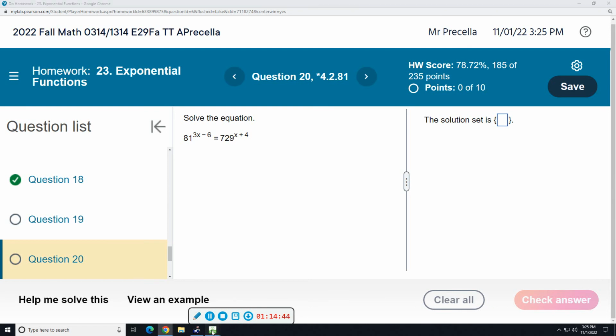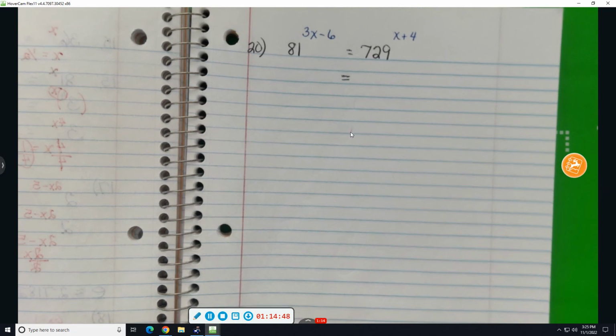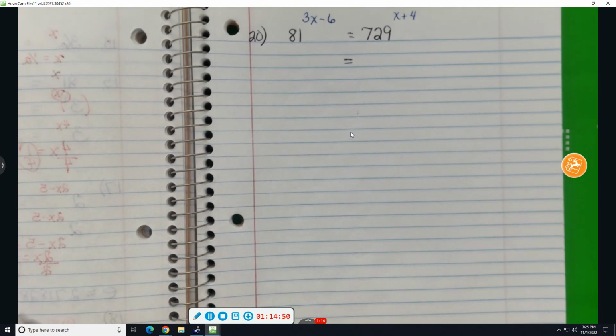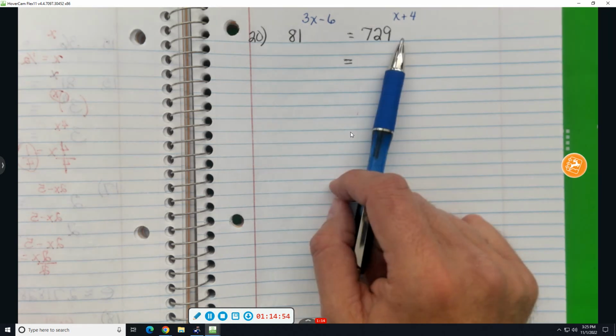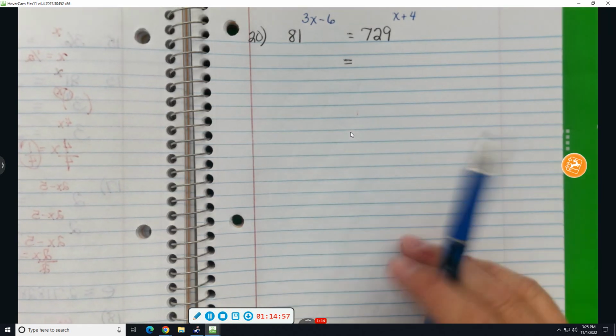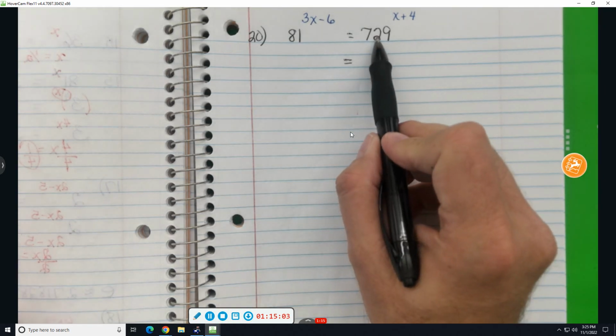Okay. My first thought is, darn, too bad there's not an E in it. Because if there's an E in it, then that's the common base. My second thought is, okay, look at the large base.